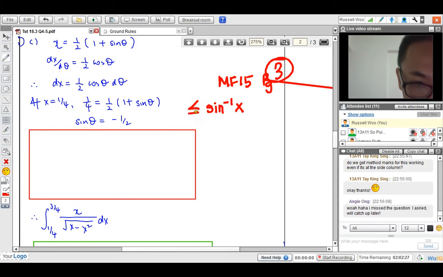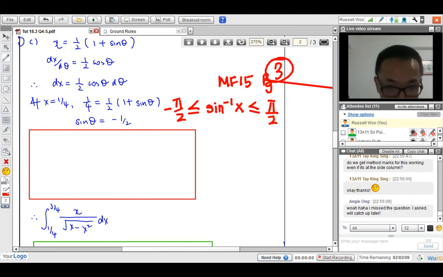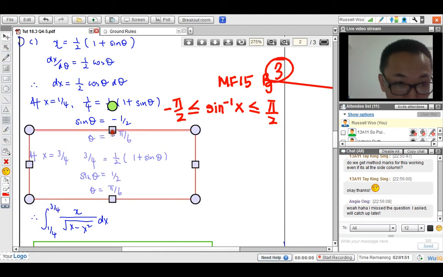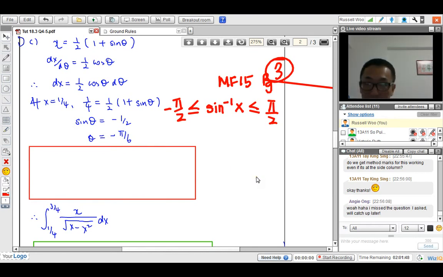This is between negative pi over 2 and pi over 2. So when you press your calculator, I think it will show up as well. But let's take note. Arc cosine has another principal range, arc tangent another principal range. Don't need to memorize, it's all in the formula list. So you use your GC and then you verify that you get theta equals to negative pi over 6. Is everyone okay?